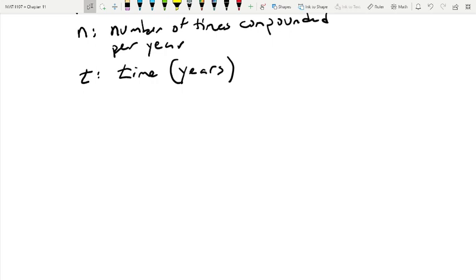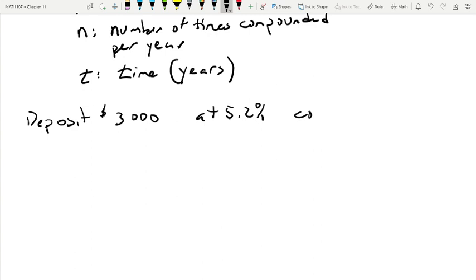So let's say now here we're going to need to deposit $3,000 at 5.2%, compounded monthly for 4 years.